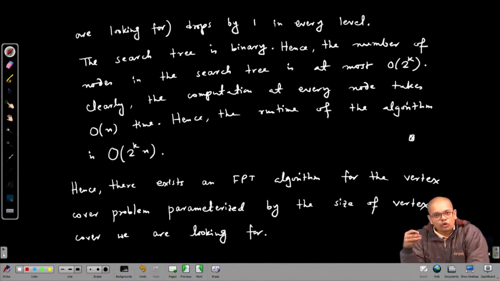Okay. Also, a corollary of this algorithm is that if the size of the minimum vertex cover is big O of log n, then such a vertex cover can be found in polynomial time.